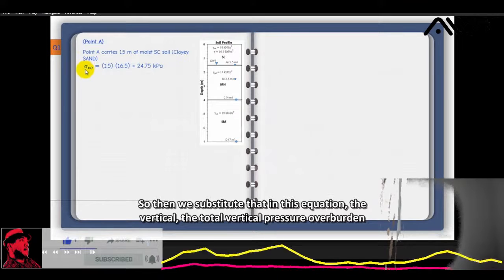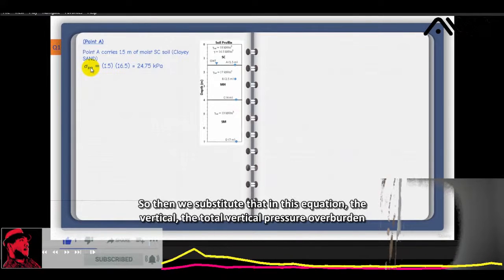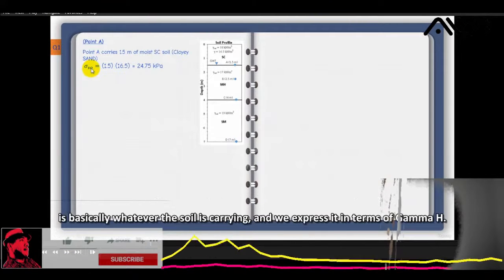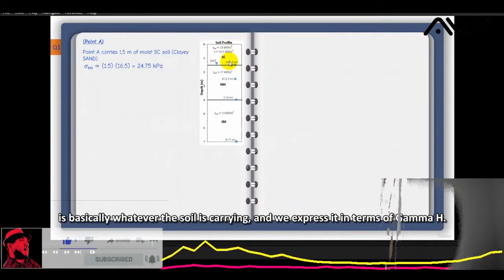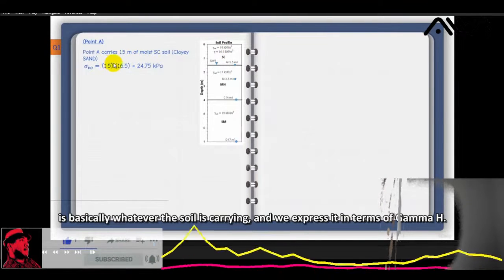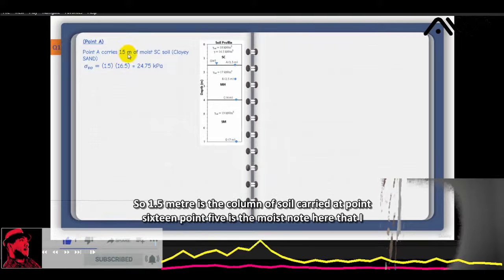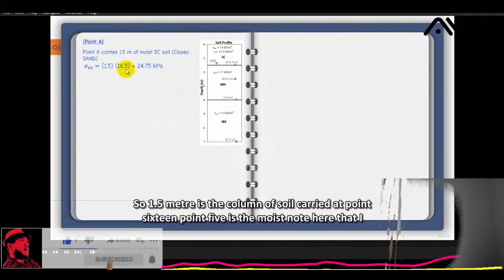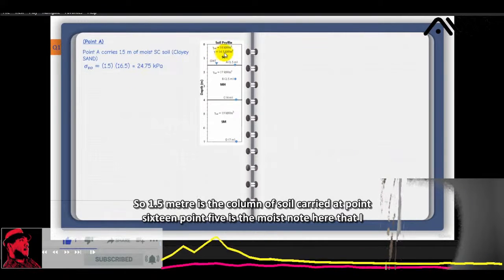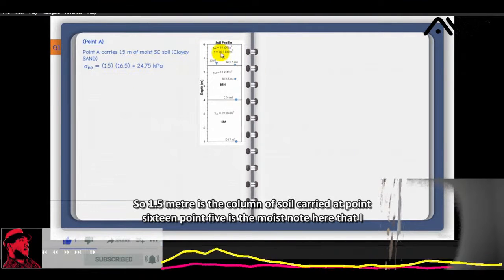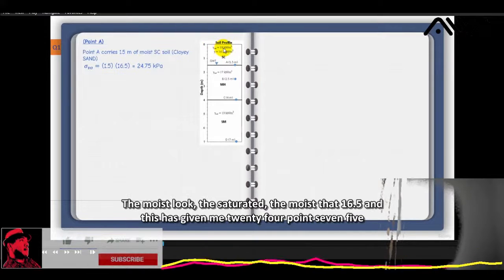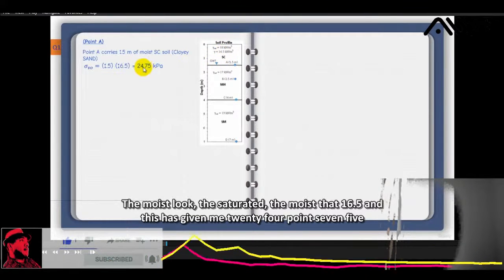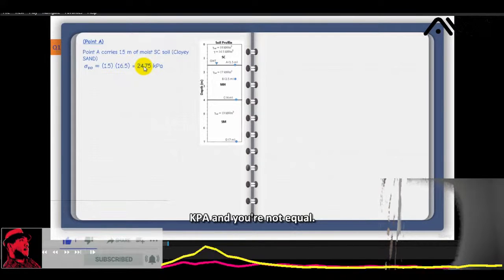The total vertical overburden pressure is basically whatever the soil is carrying, and we express it in terms of gamma H. So 1.5 meter is the column of soil carried at point A. 16.5 is the moist unit weight. Note here that I used the moist, not the saturated. This has given me 24.75 kPa.